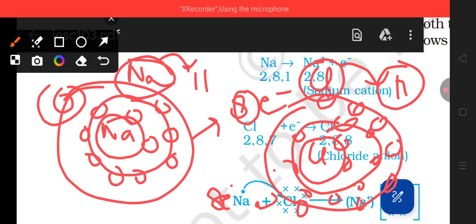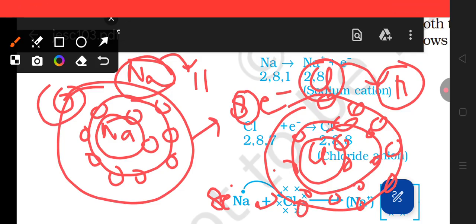So these two, cation and anion, now come together. They do ionic bonding. One gives an electron and one gains an electron. So like this, they both form the bond, and they are then held by a strong electrostatic force of attraction because both are opposite ions.